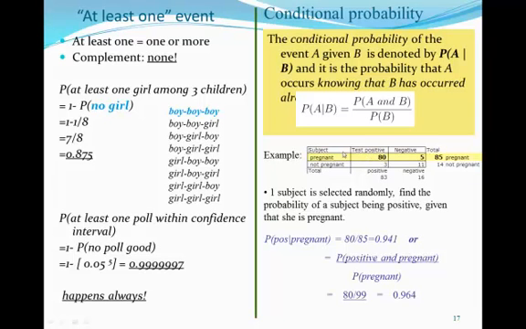So the probability of that occurring is 80 over 99. And the probability of pregnant, the total amount of subjects who are pregnant, is 85 over 99. So we divide these two probabilities, and we get 80 over 85, which is approximately 0.964.